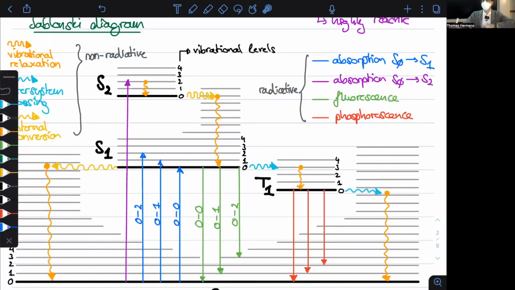So for triplet states, you absorb to whatever state here, you relax, and then you go intersystem crossing to a triplet state, vibrational relaxation, and then bam, you're here. And then from this triplet state, you go from the lowest one, Kasha's rule, you go down, right? And you have the same type of transitions to different vibrational levels.